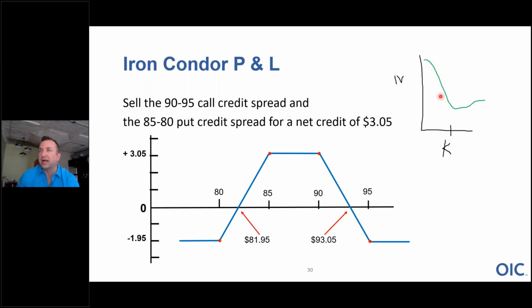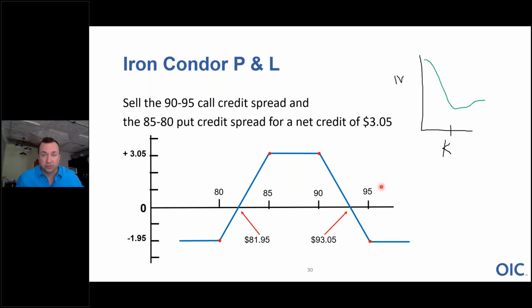So yes, considering vol, considering skew, but you'll want to make sure you know what kind of skew you're dealing with on the stock that you're trading, because they can take all sorts of different shapes. I just simplified for my example that we're looking at the classic shape, but you'll want to see what that looks like. And it's not hard to do. Stock's at 88.5, just look at the 80 put. What's it trading for? Look at the equidistant call from there. What's it trading for?